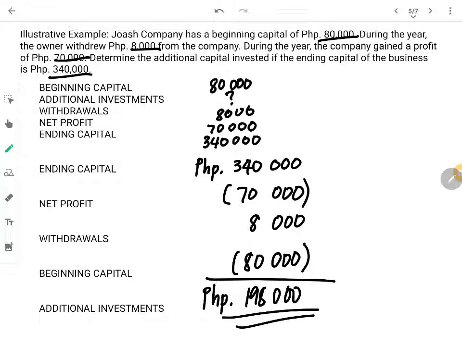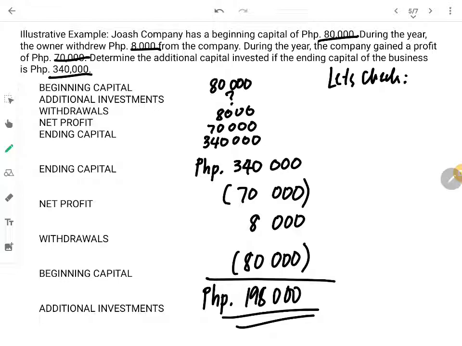So, check natin. So, let's check. Okay, let's check. So, beginning capital, that is 80,000. Additional investment, 198. And then, withdrawals, 8,000.